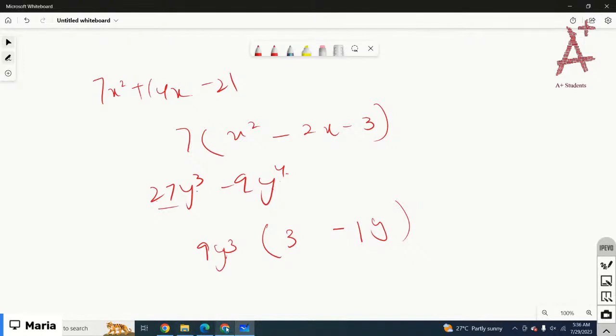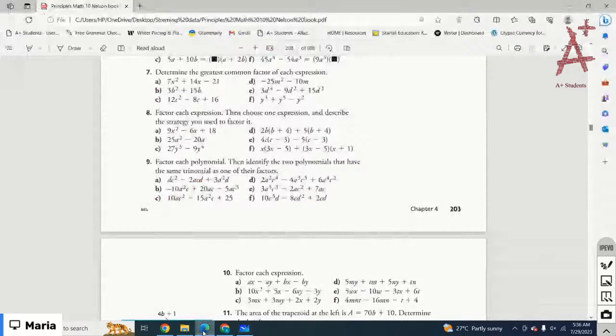Okay, question number 9. Factor each polynomial, then identify two polynomials that have the same trinomial as one of their factors.